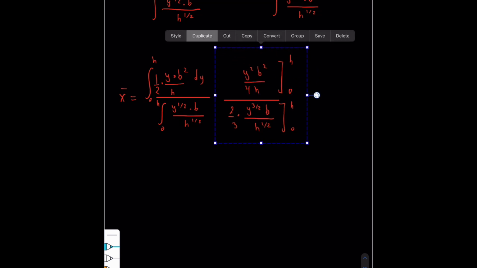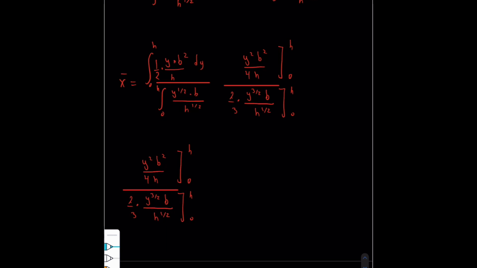Okay, now I'm going to plug in these values for h here. I should probably duplicate this. This is a lot of math, by the way. Okay, now I'm going to do what I said I'm going to do.